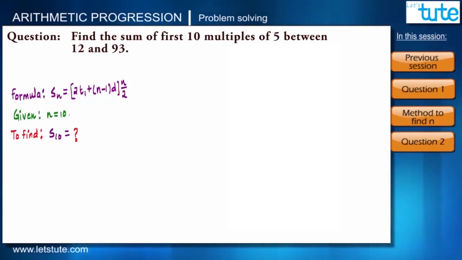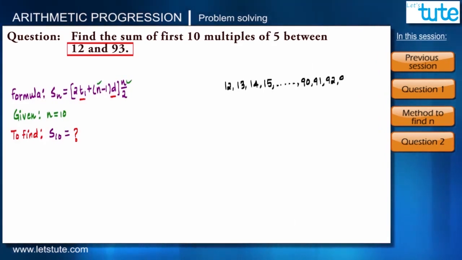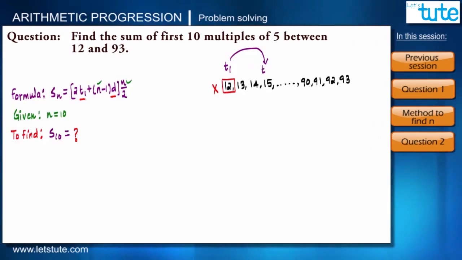The rest two parameters. Okay. So list the numbers 12, 13, 14, 15, up to 90, 91, 92, 93. T1 is not 12, T1 is 15. The first multiple of 5 in the range is 15. So we got T1 also. And what is the common difference?